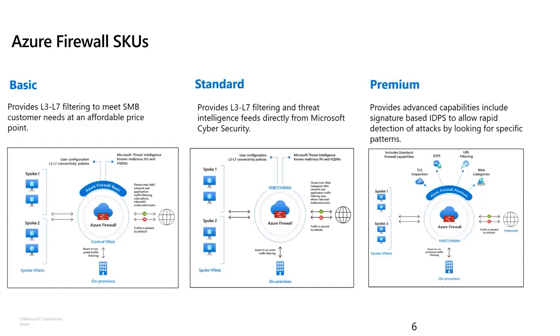And then the third SKU is what we call the Azure Firewall Premium SKU. This is recommended to secure highly sensitive applications and organizations, such as those in payment processing. It supports advanced threat protection capabilities, such as malware and TLS inspection.